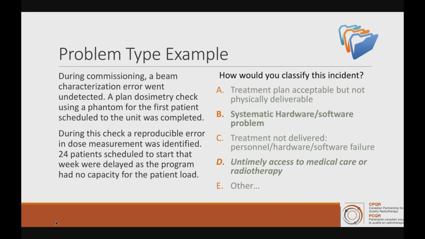But there's also another underlying issue within this program. It's the fact that there were 24 patients scheduled to start that week, and they had to be delayed because the program had no capacity for that treatment load. So there's the issue of untimely access to medical care or radiotherapy, because that program didn't have the capacity to meet that issue and plan for that potential problem.